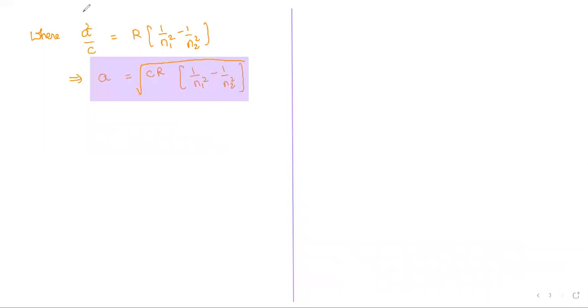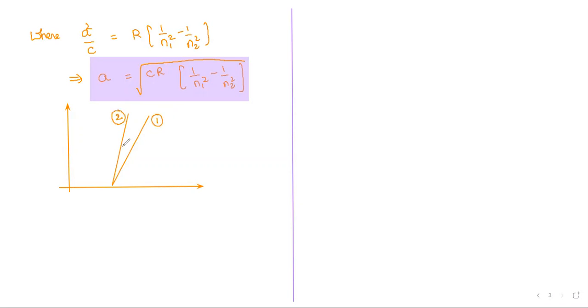So if I ask one type of objective question, taking the graph again like this, and I take two lines from the same point, suppose for K series, this is the first line and this is the second line.